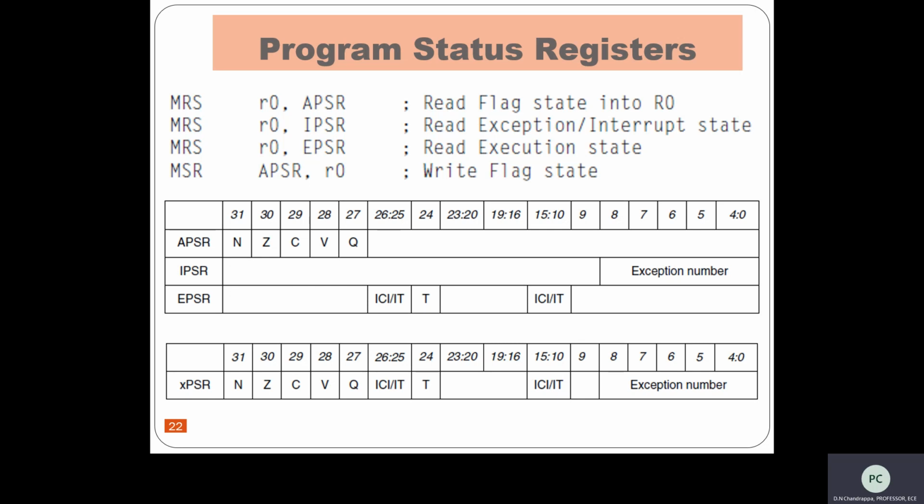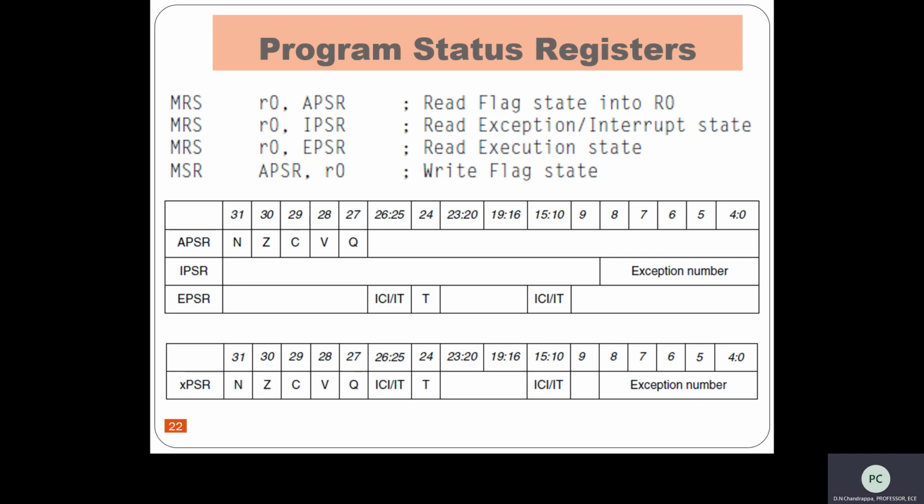Mainly these 5 flags are available. I already explained all 5 flags: negative flag, zero flag, carry or borrow flag, overflow and saturation flag. Their role is very important.